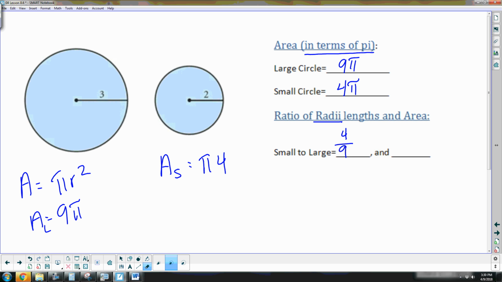Oops, that's our area. We've got to do the radii lengths first, which is 2 to 3. And then the area is 4 pi to 9 pi, which is the same as 4 to 9.